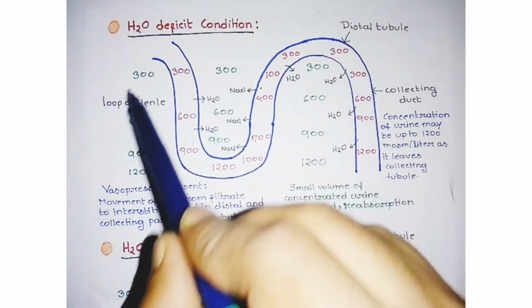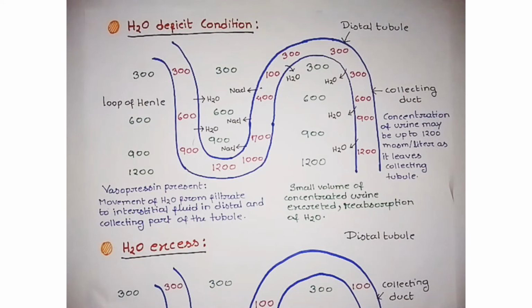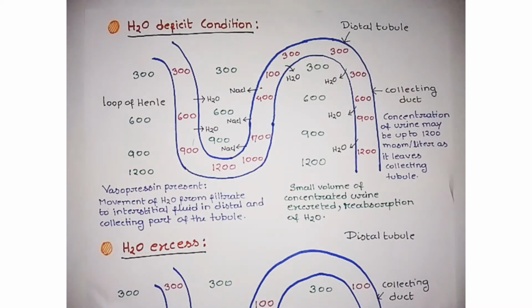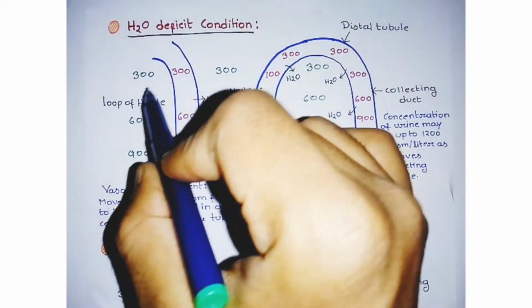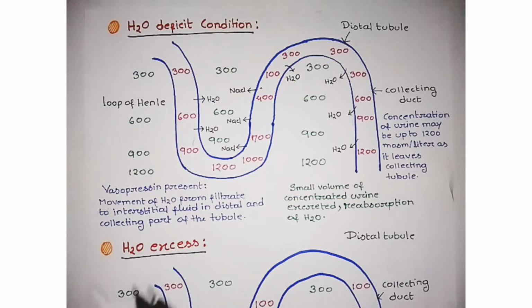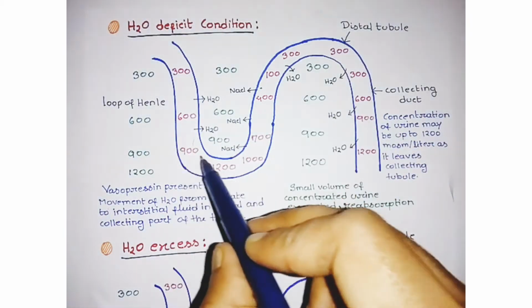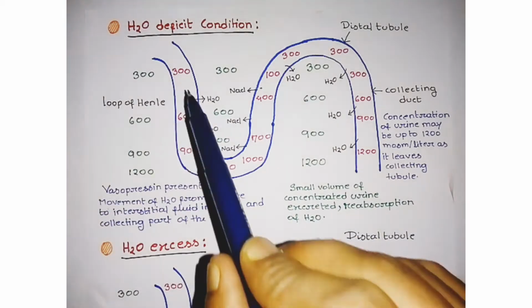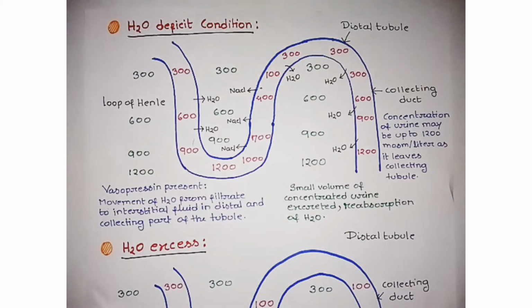The concentration of the fluid is 300 milliosmol per liter, and this 300 milliosmol per liter fluid enters into the loop of Henle. The descending part of the loop of Henle is permeable to H2O. So H2O moves from the filtrate towards the interstitial fluid.